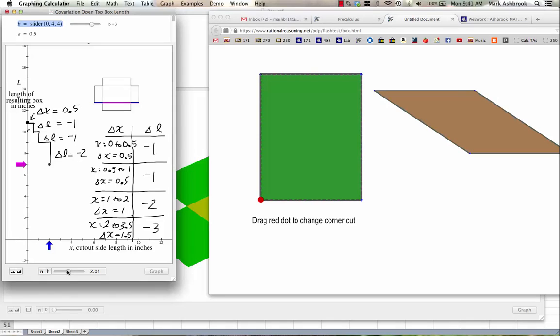So I'm going to go from 2 to maybe 3 point... that's close enough, 3.5. So our delta X was 1.5.